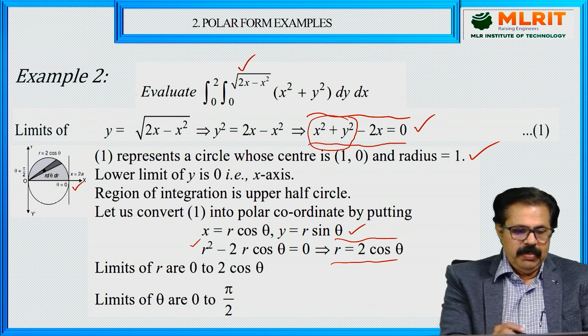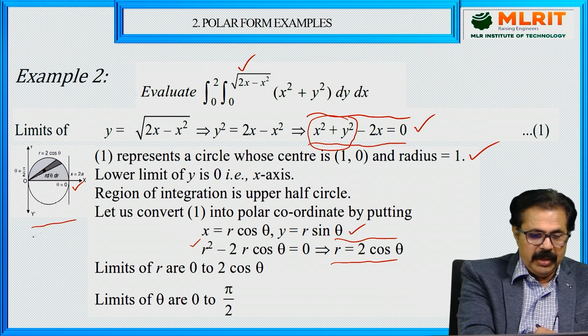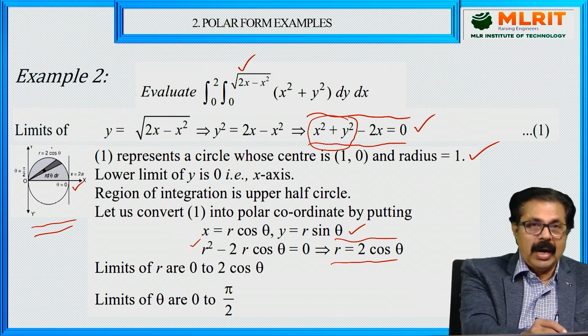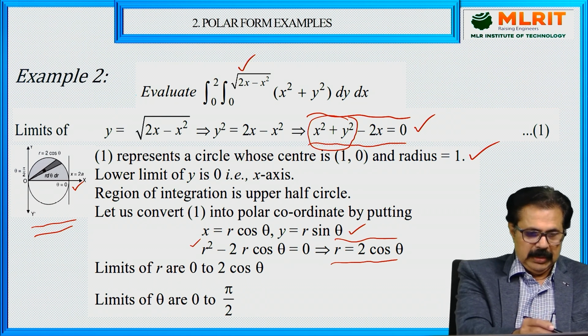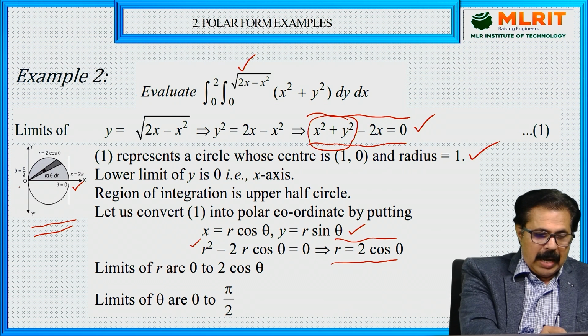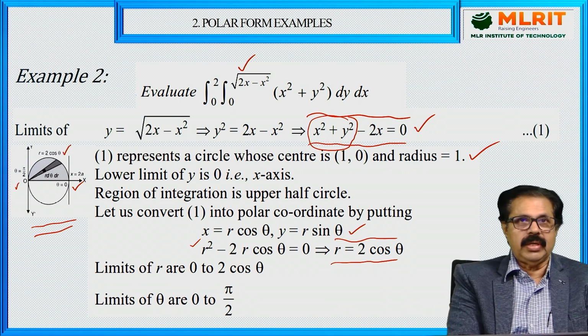So what are the limits basically? This is the region you are looking at, see the diagram here. Basically the region is the upper half of the circle. Upper half means what are the limits now? If you take an arrow, r is 0 to r is 2 cos theta.